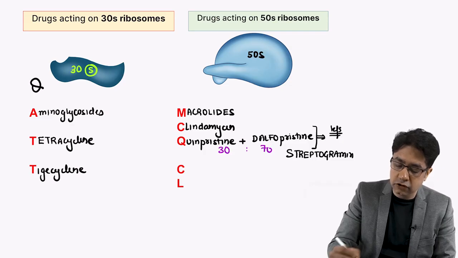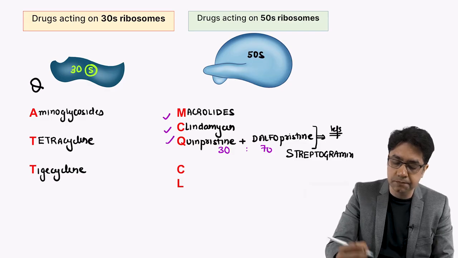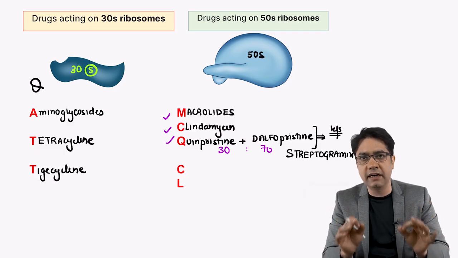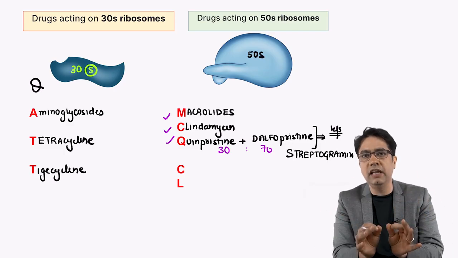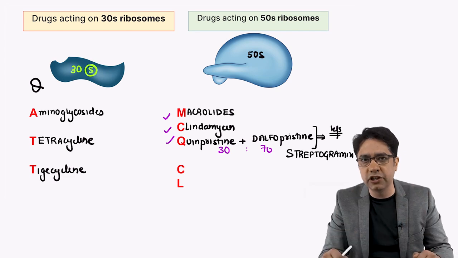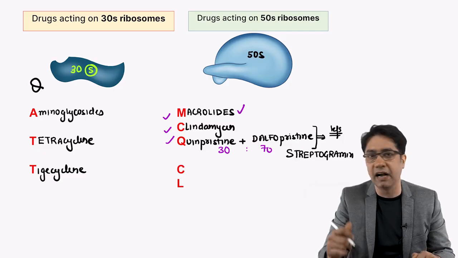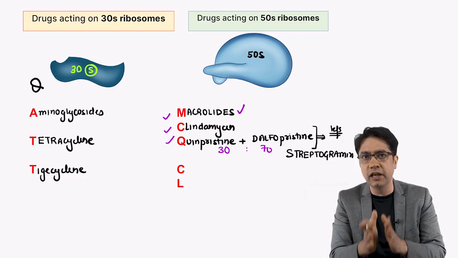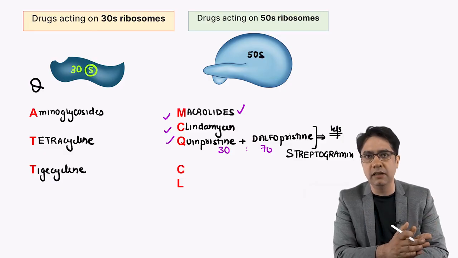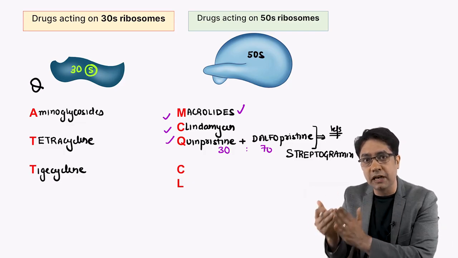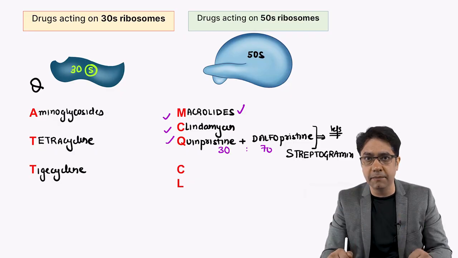30:70. So can we say these MCQ were inhibiting translocation of amino acid by acting on 50S. They all three have the same mechanism of action. So don't you think, beta, if a bacteria becomes resistant to macrolide, clindamycin and streptogramin also have the same mechanism of action? The bacteria will also become resistant to other two antibiotics.